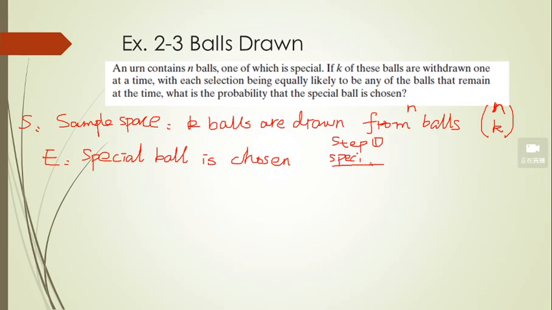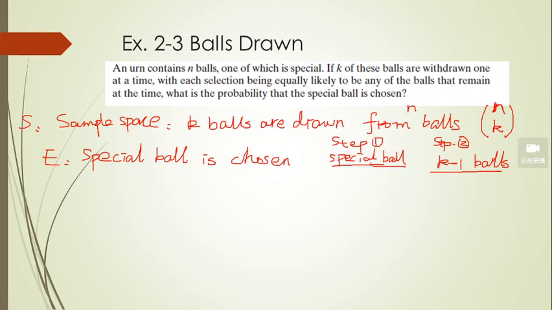This one ball, we just call the special ball. We choose this one special ball. And then step 2, you are going to choose the other k-1 balls. Make sense? Because in total you are going to select k balls.